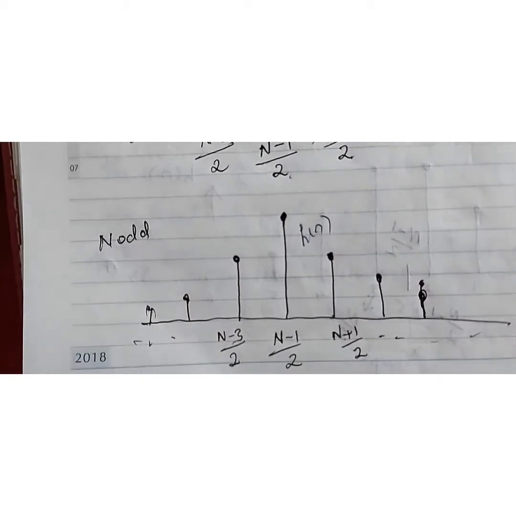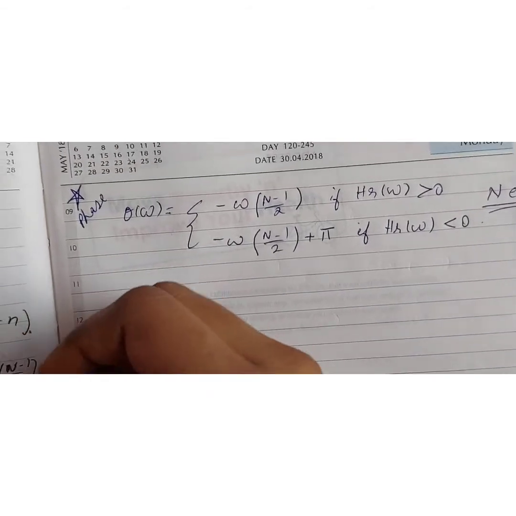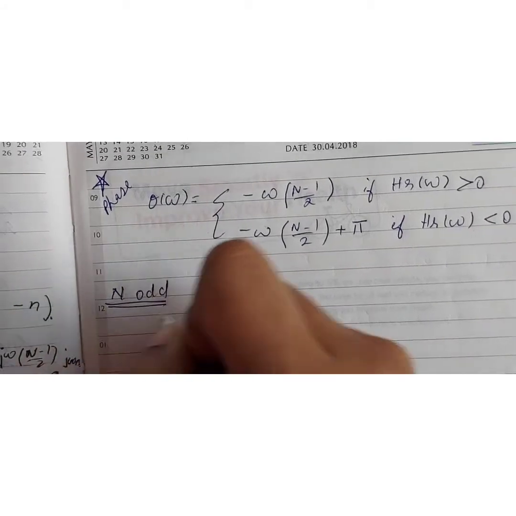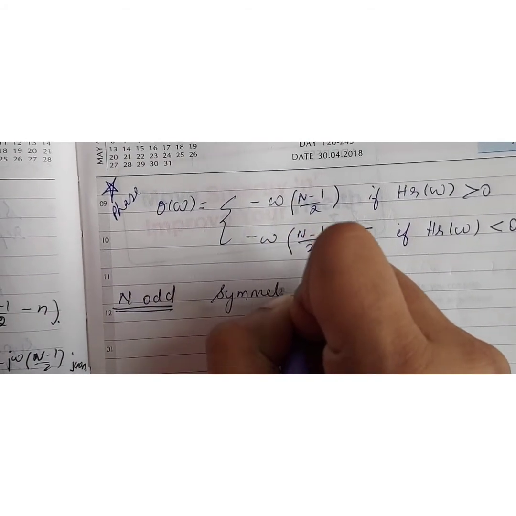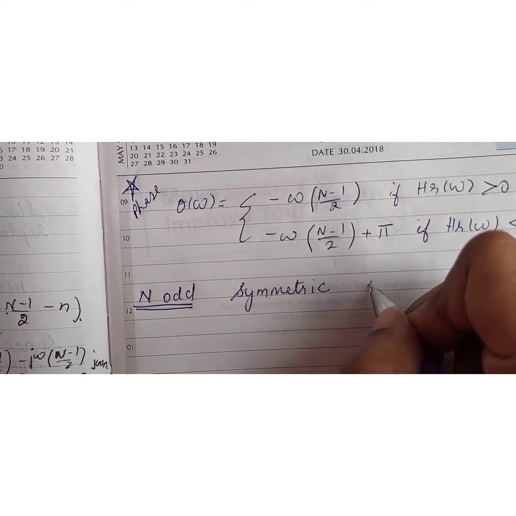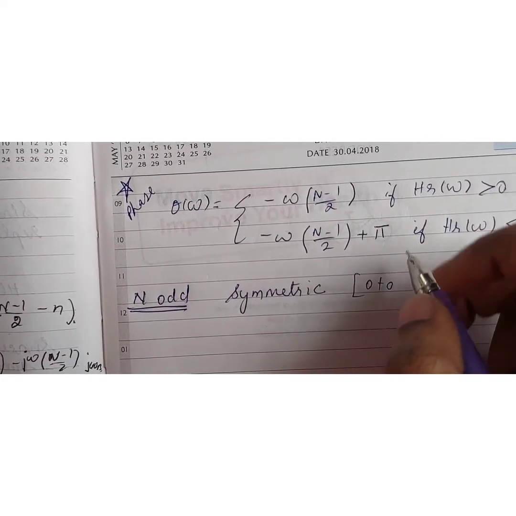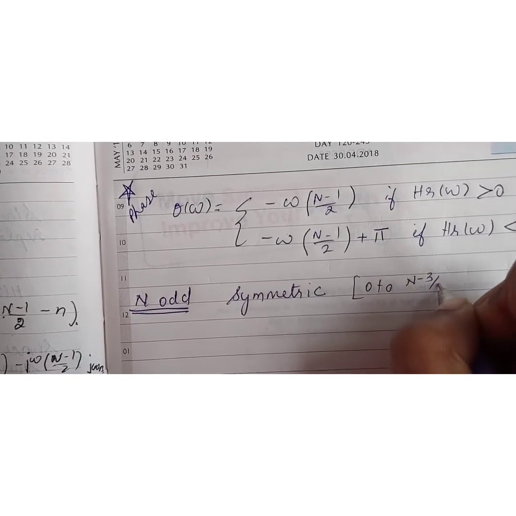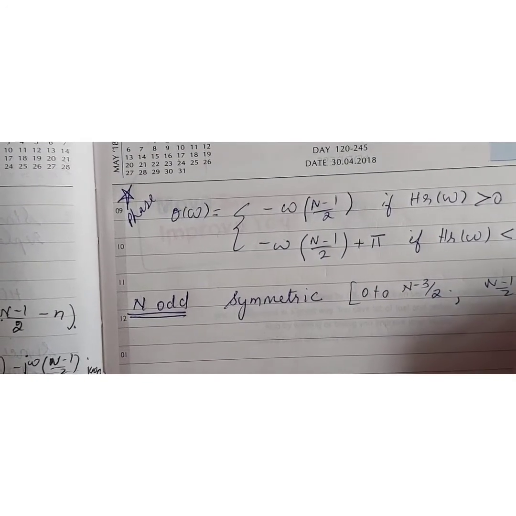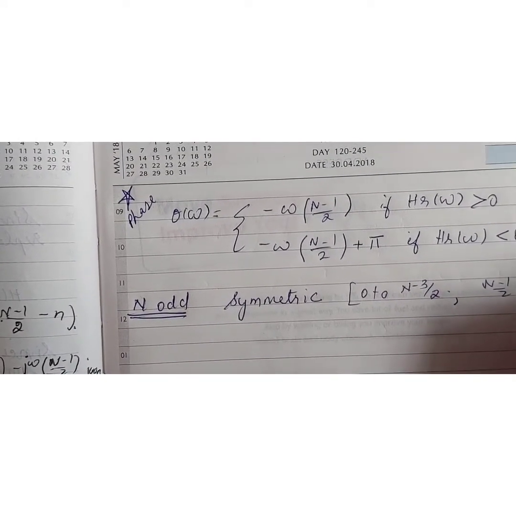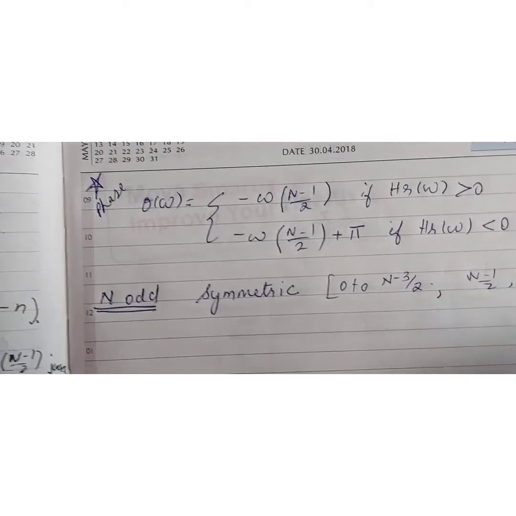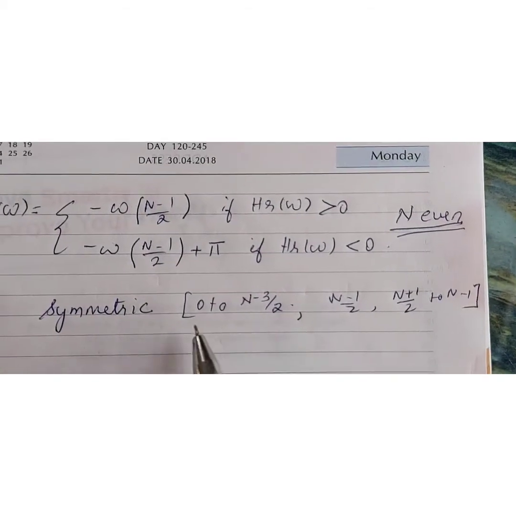We can do that. So the H of z for N odd and symmetric values vary from, just write the limits range first, 0 to (N minus 3) by 2 you have, then at (N minus 1) by 2 you have the center sample, then from (N plus 1) by 2 to N minus 1 you have the next set of samples. So this is the range.